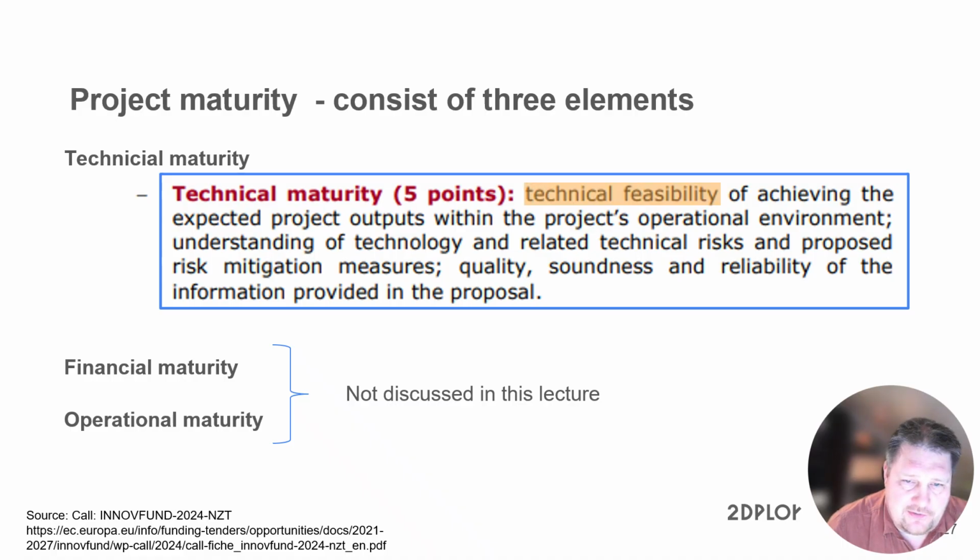It's important then to address the technical feasibility itself, so demonstrating that the technology actually works. You need to describe the expected outputs, so the reader really understands what this project will provide.